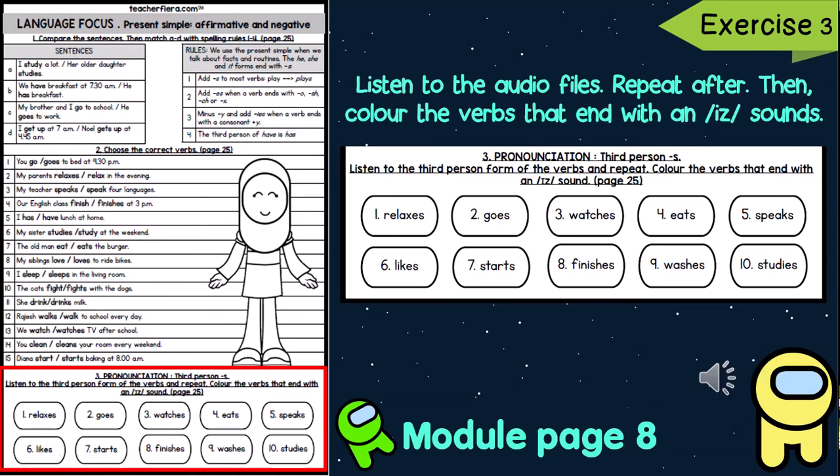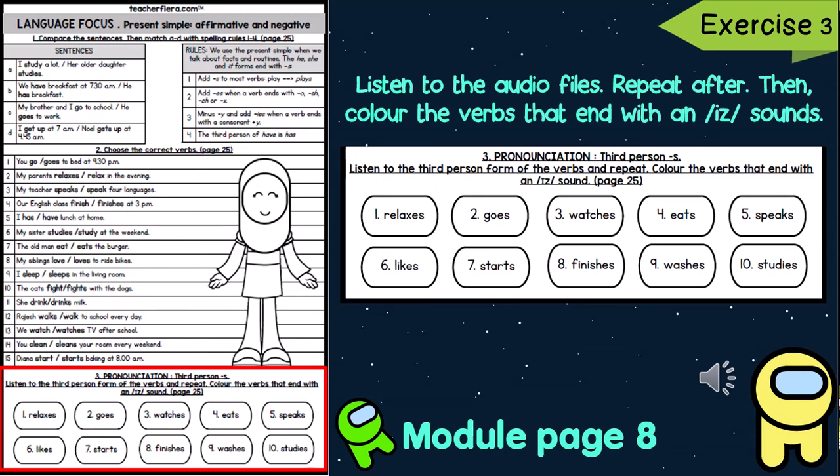Unit 2. Language Focus. Exercise 3. 1. Relaxes. 2. Goes. 3. Watches. 4. Eats. 5.